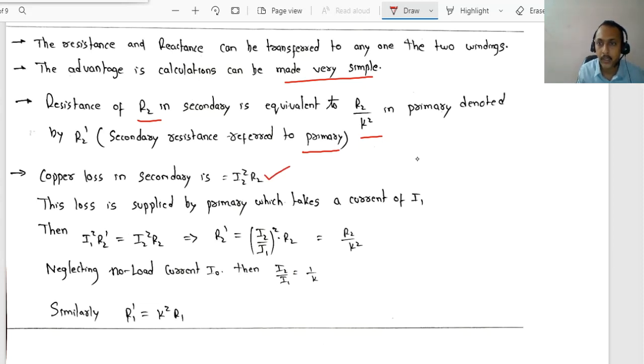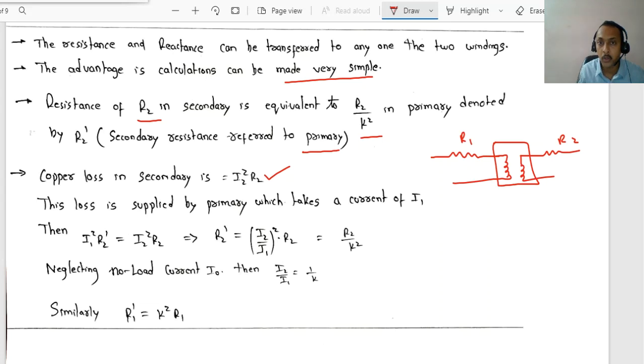For example, you have a transformer like this with only primary side resistance, and on the secondary side you have resistance R2. Now what will happen?